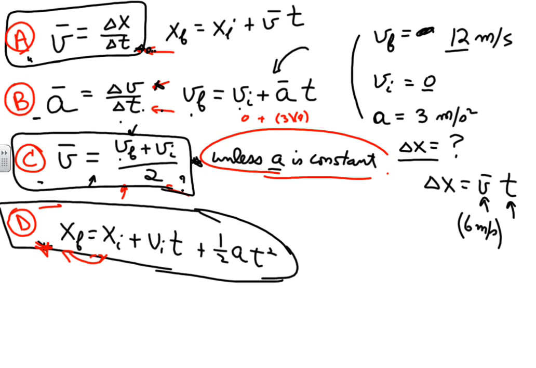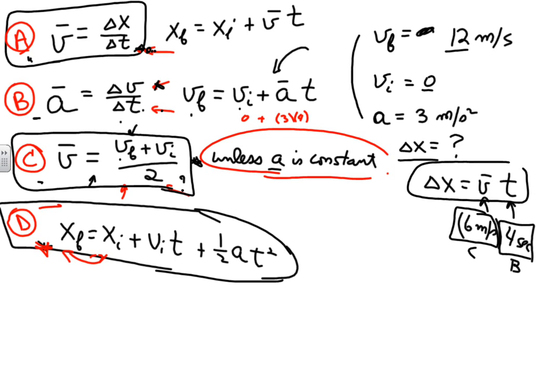Divide by 3 is 4 seconds. So again, I'm doing that, but what did I do? I used equation C to get the average speed, and I used equation B to get the time, and I combined them together into equation A. So again, I used equation A, B, and C, but this time there was no time.